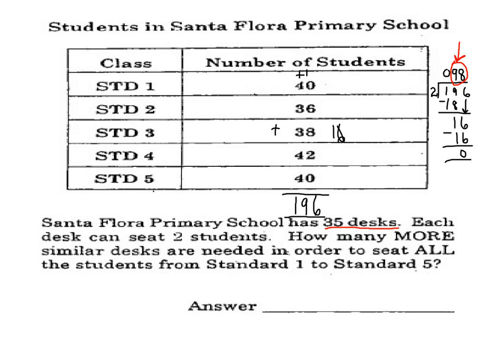So how are we going to figure out how much more we need now? Because 98 is plenty and we only have 35. So what are we doing? How are we going to figure out how many desks we need to be able to seat everybody? Divide it. Why do I want to divide? We divided already. What are we dividing on?